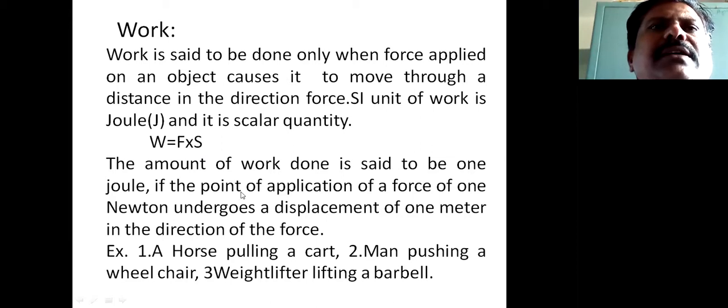When do you say that the amount of work done is 1 joule? The amount of work done is said to be 1 joule if the point of application of a force of 1 Newton undergoes a displacement of 1 meter in the direction of the applied force.